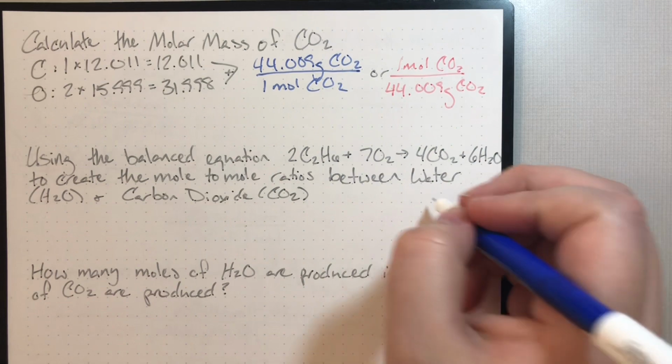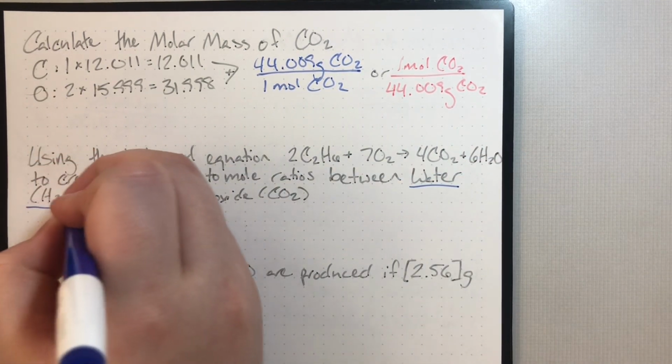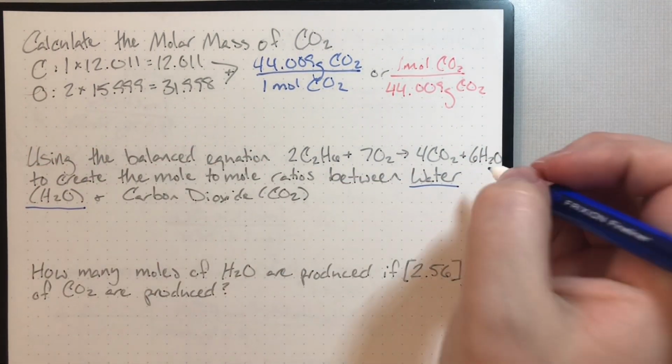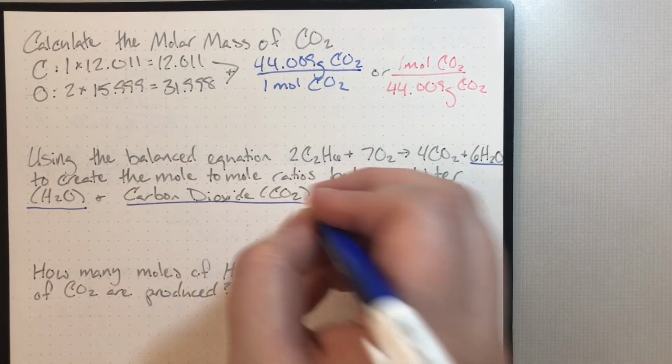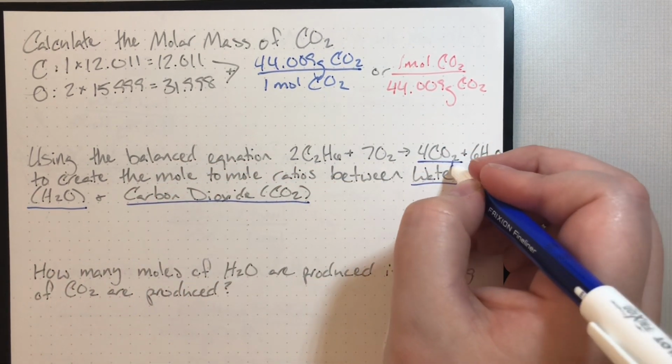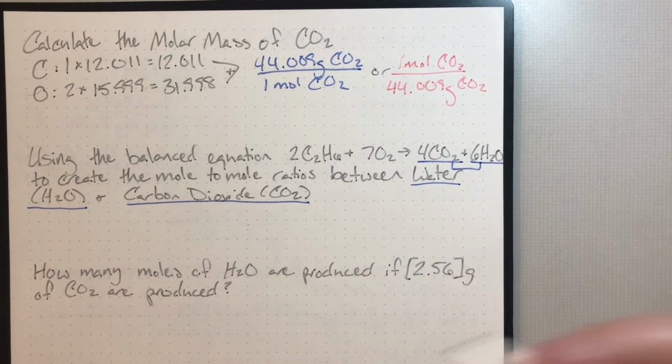I will go ahead and emphasize the molecules that are of interest, which is water and carbon dioxide. These will be stated in the problem, and then I will underline and visually connect them in the balanced equation.